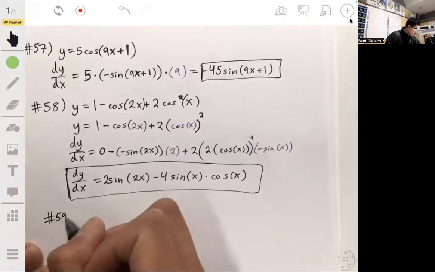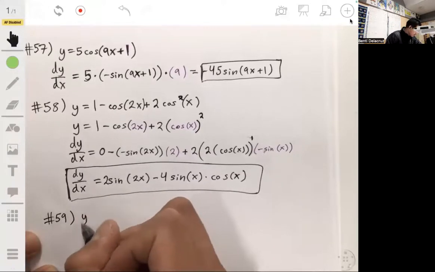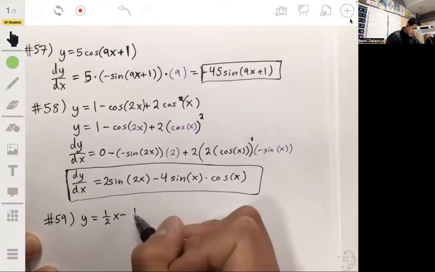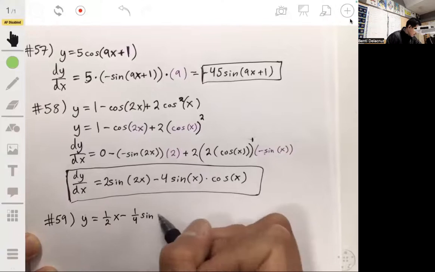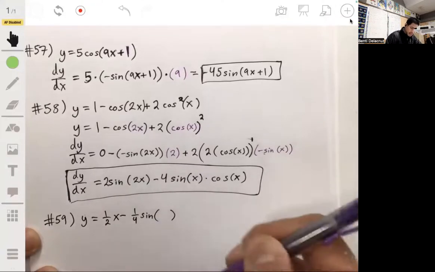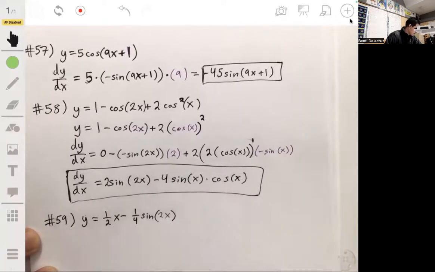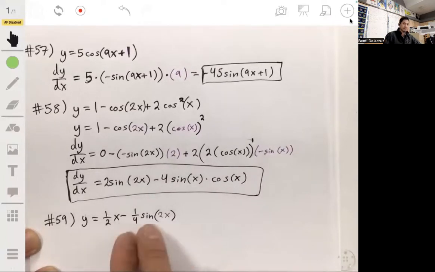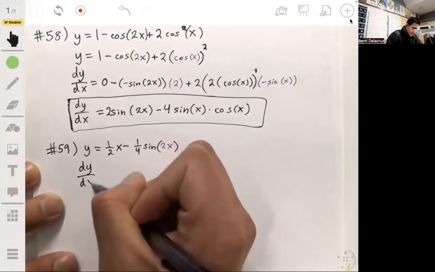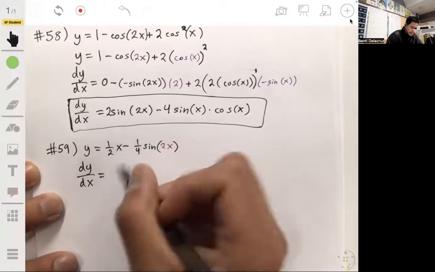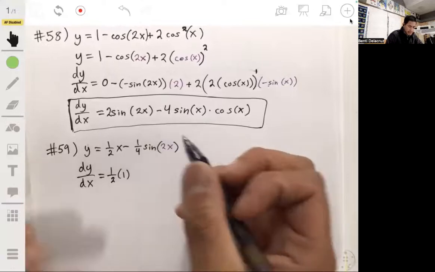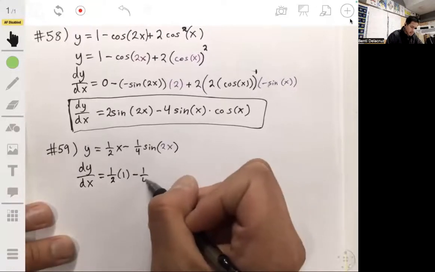Let's do 2 more. So 59, we got y is equal to 1/2 x minus 1/4 times the sine of, we have 2x in here. This one's pretty easy actually. So dy dx will be the derivative of 1/2 x, which is just going to be 1/2, because the derivative of x is just 1, so 1/2 times 1 if you want to look at it that way, minus 1/4.